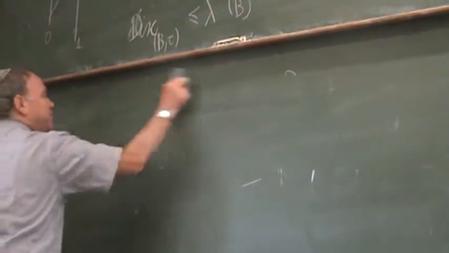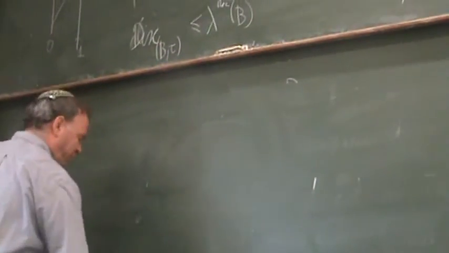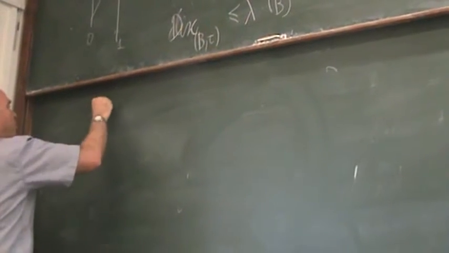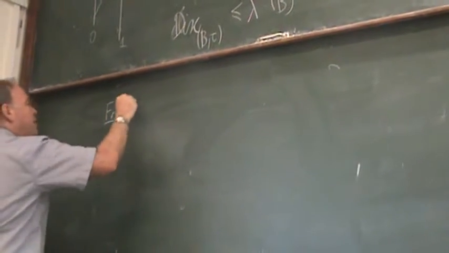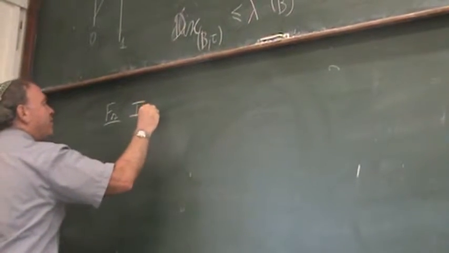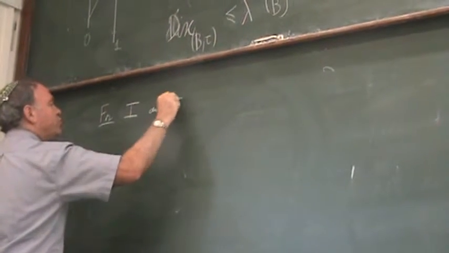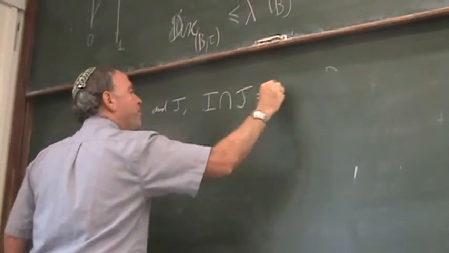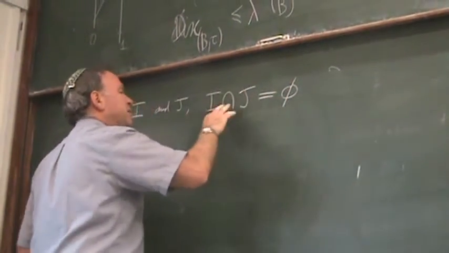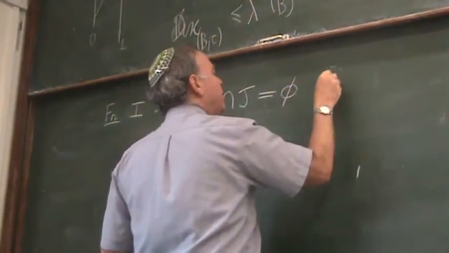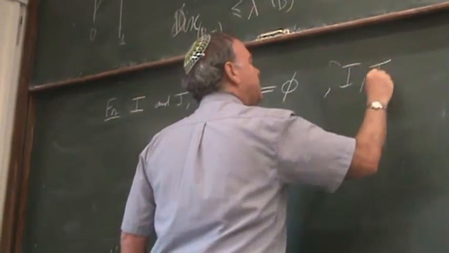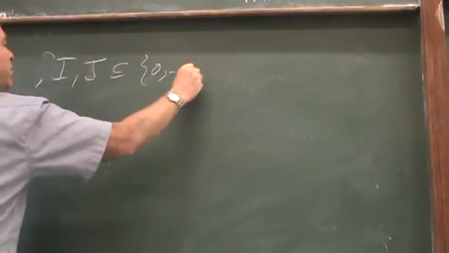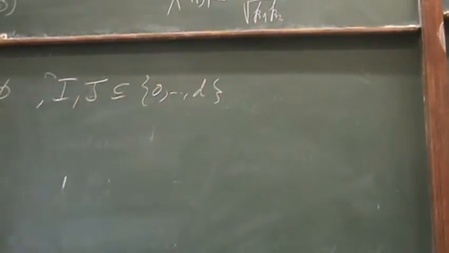Let's give the general definition that we need in the proof before that, it will save time. For I and J disjoint this time. It's not necessary, but more convenient. Disjoint, and both of them subsets of 0 up to d.